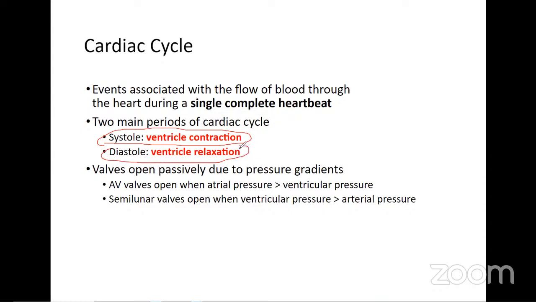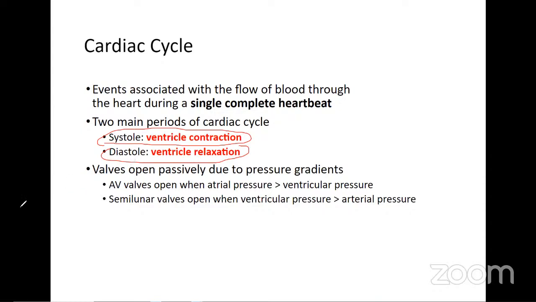So while our atria do contract and relax as well, when we're looking at these two major periods, that is from the perspective of a ventricle. So systole, think S, stress, contracting. Diastole is that relaxation phase.